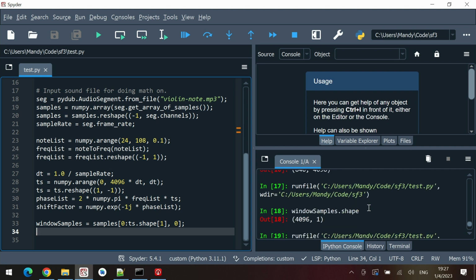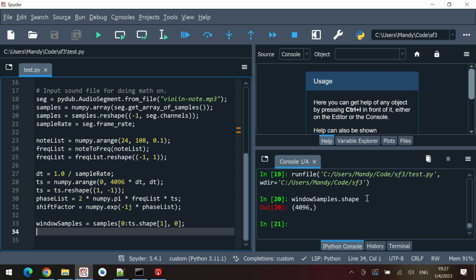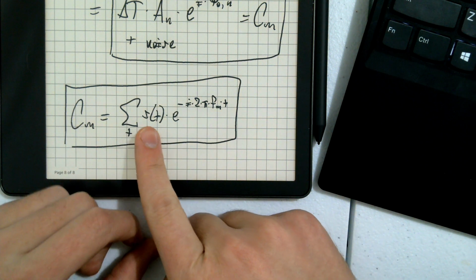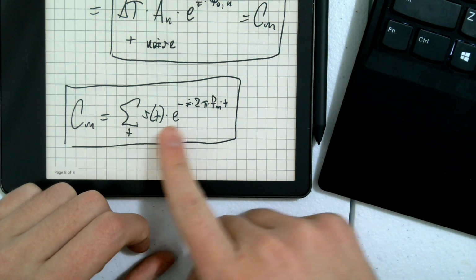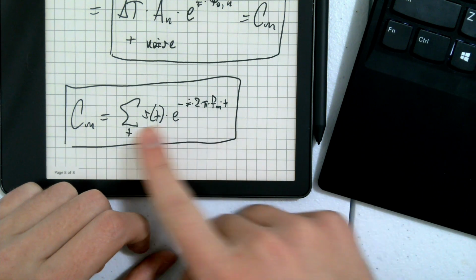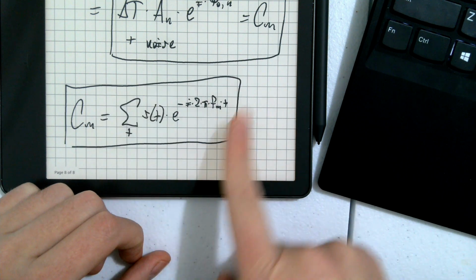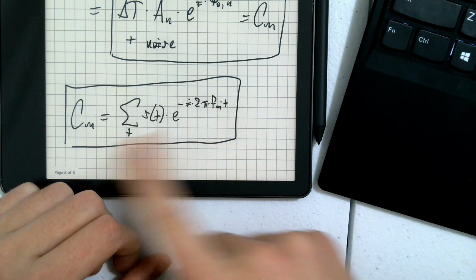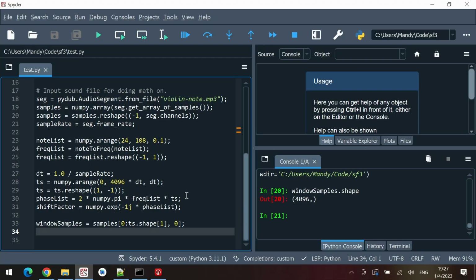Now we do have the shape of the shift factor, so we will need to broadcast the shift factor onto the samples, or I guess the samples onto the shift factor, because when we look at this equation, the s of t is the function that gives us the samples, and then this is the shift factor, so we need to multiply the samples by the shift factor. And then we need to do a sum of the entire thing over time, which will give us the coefficients. So let us do that.